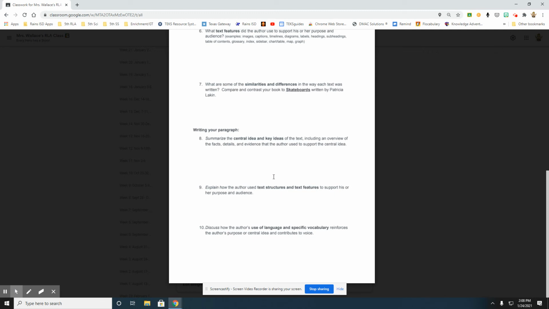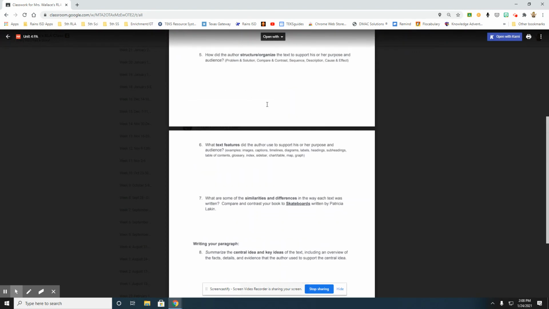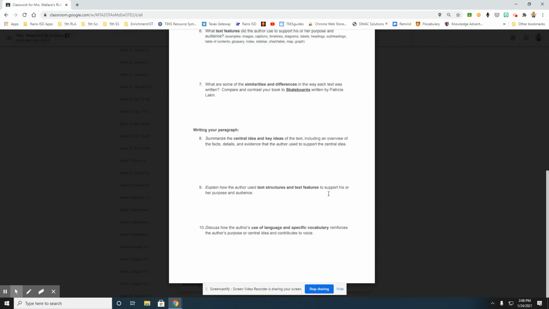So think about what is a desert habitat about and what did they try to accomplish in this text. Next, you're going to go into those text structures and those text features. So what you're doing is you're using some of your answers up here, answers for 5, answers for 6, to now put in sentence format on number 9.